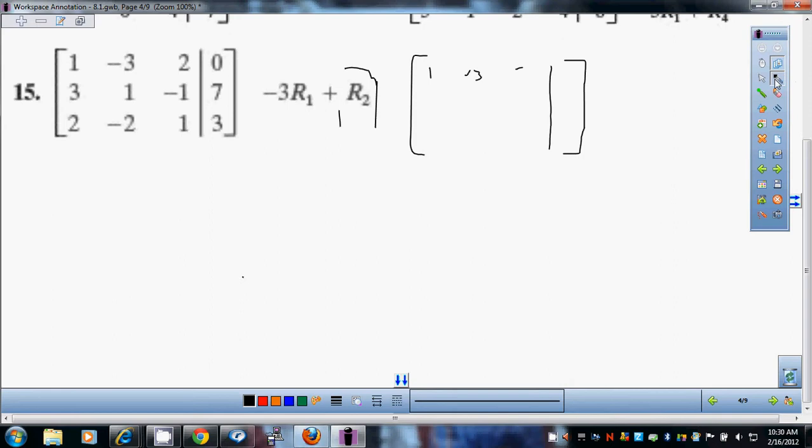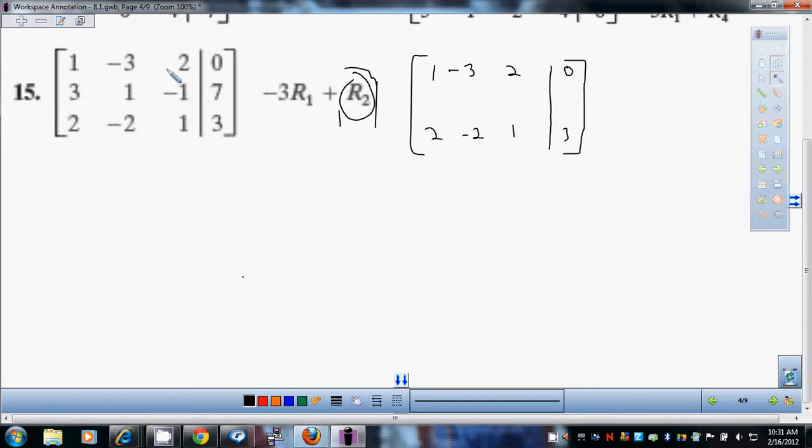Alright, try this again. Sometimes it works better if I write on the top of the board. Okay. 1, -3, 2, and 0. Row 3 is not changing. It's not mentioned anywhere here. 2, -2, 1, and 3. And what do we say? -3 times the first row plus the second row.